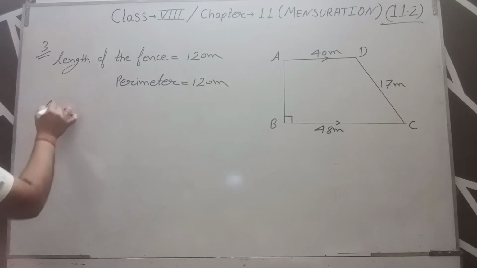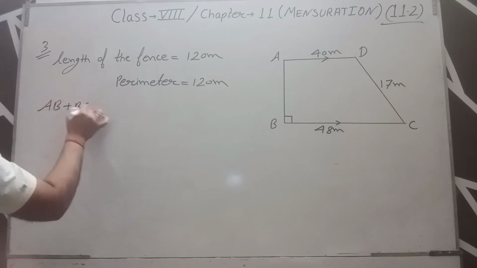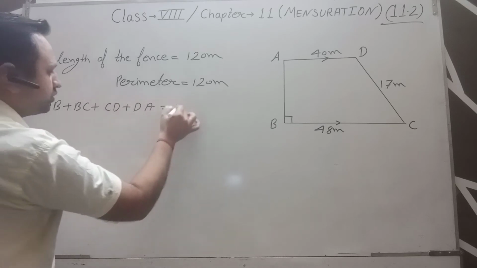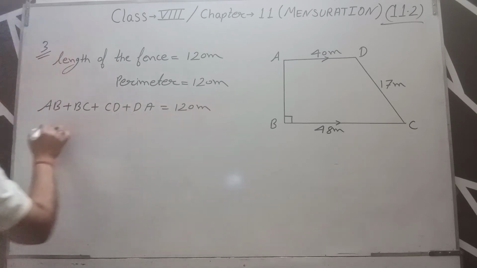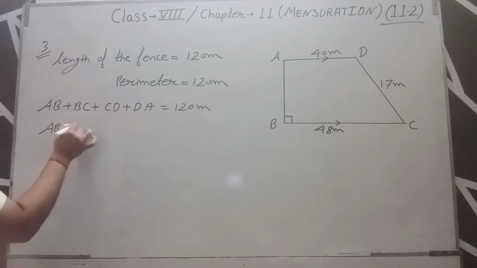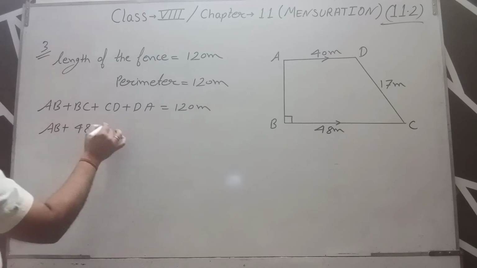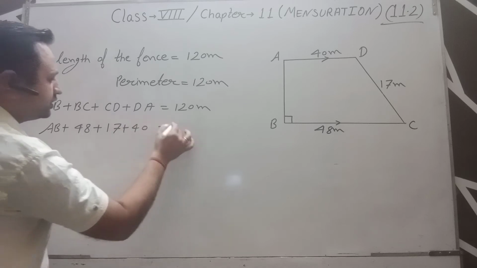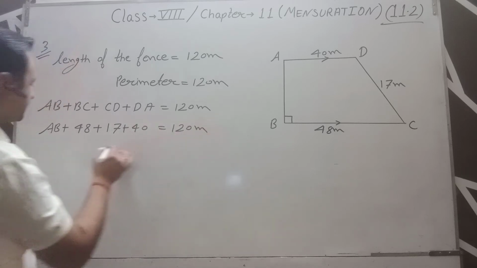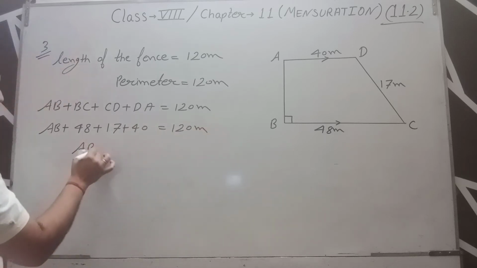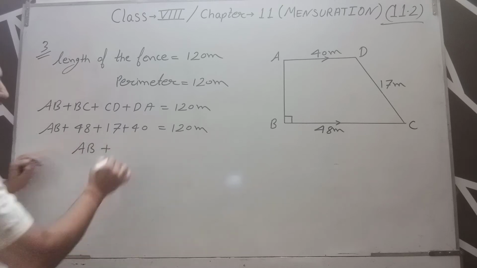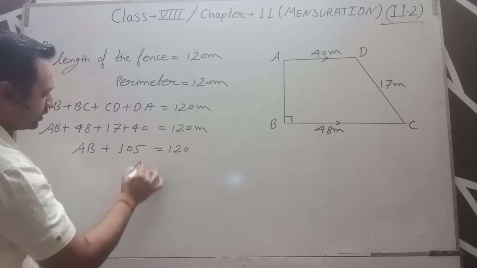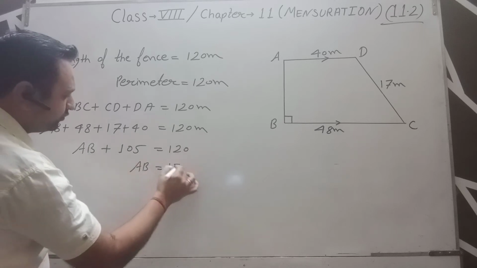It means AB plus BC plus CD plus DA is equal to 120 meter. AB plus 48, 17, 40 is equal to 120 meter. AB plus their sum 105 is equal to 120, so AB is equal to 15 meter.